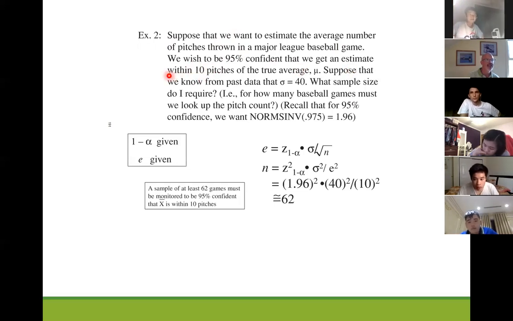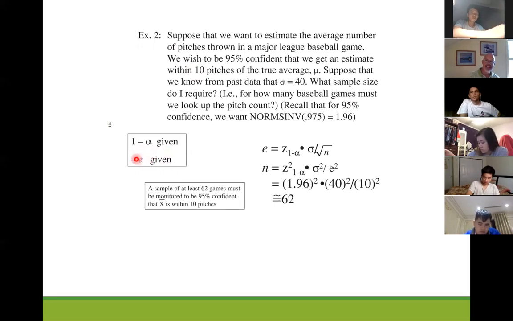Okay, this is a key word: the word within.